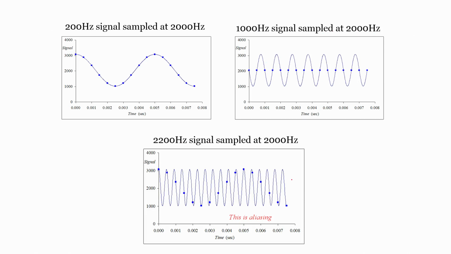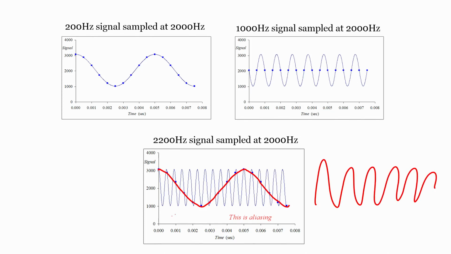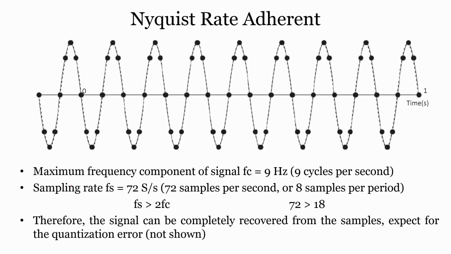Here you can see very clearly that there is an aliasing error, because if I reconstruct this signal, this is what I am getting, but my original signal is this. It is not this. So, this is my aliasing error. That is why we should always have Fs greater than 2 times f max.